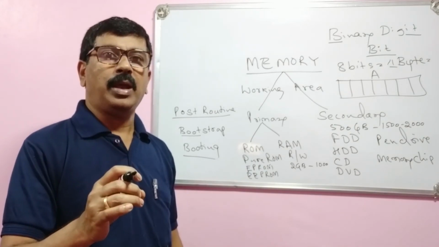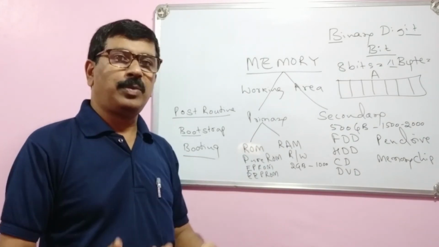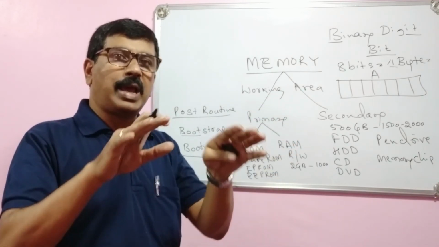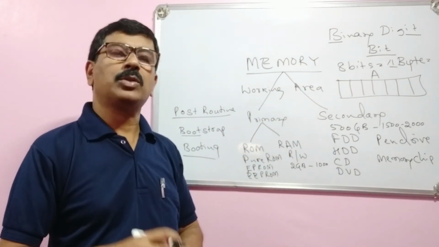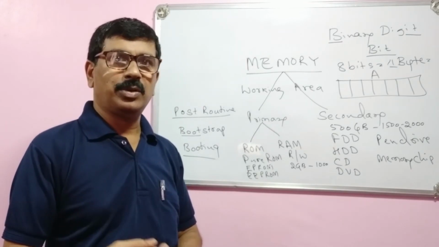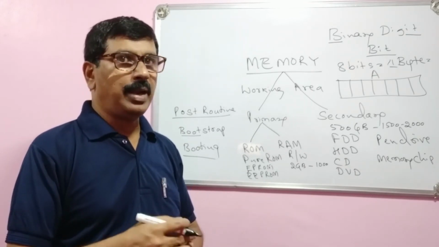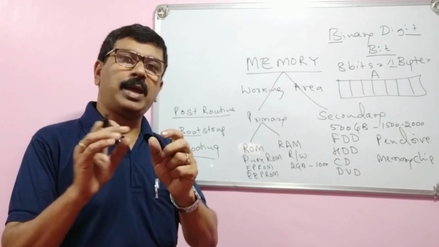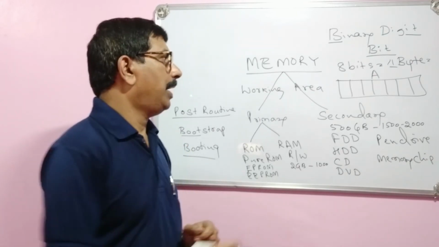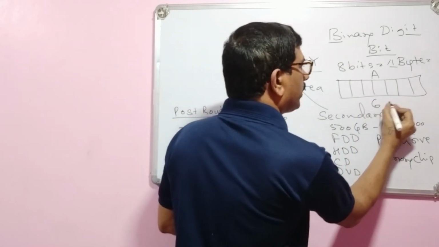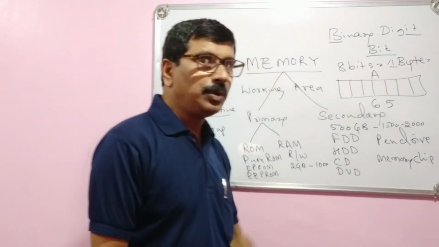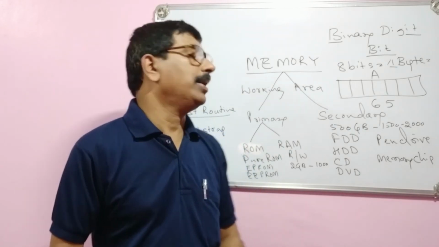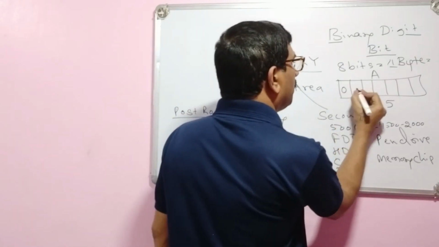All the alphabets or all the keys on the keyboard have those codes. These codes are called scan codes or ASCII codes. All characters will be converted into ASCII codes. The ASCII code of A is 65. When you press A, it takes 65, and then 65 is converted into binary.